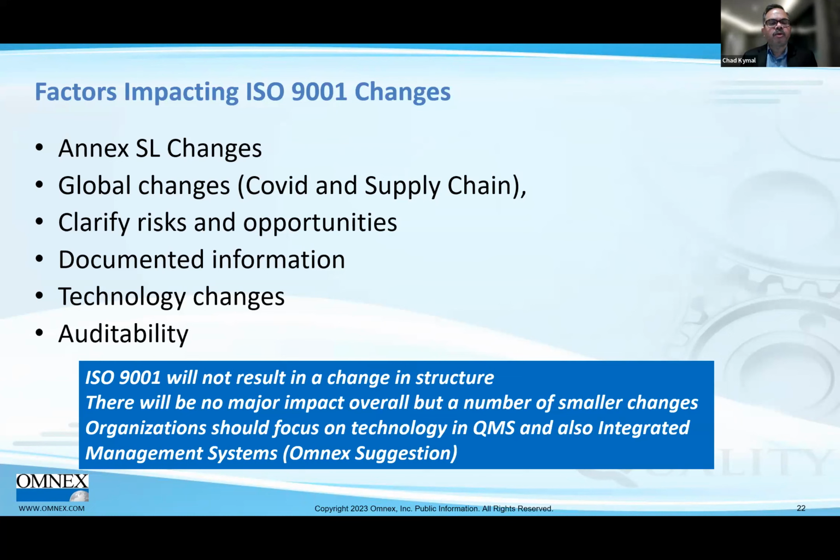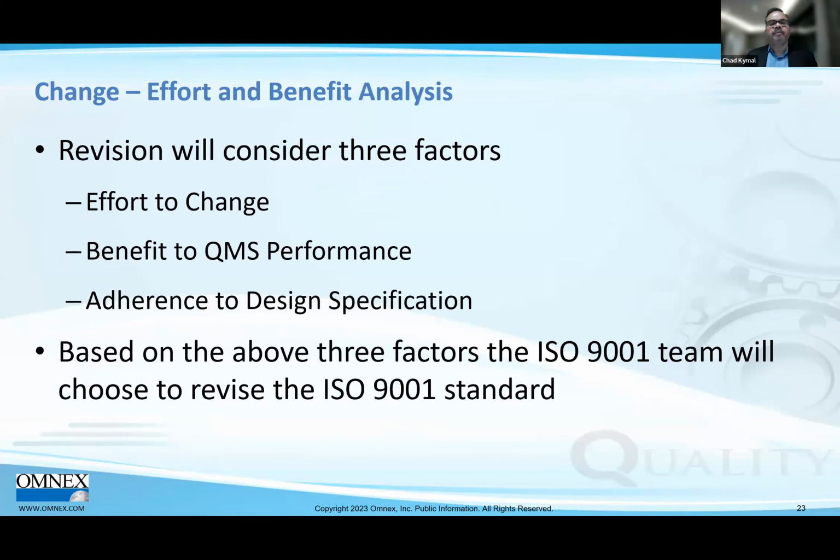They want to do away with retain and maintain undocumented information. There are technology changes that now we have to keep in mind as we go through all the management system standards, and they want to focus on auditability. So these are some of the factors impacting ISO 9001.